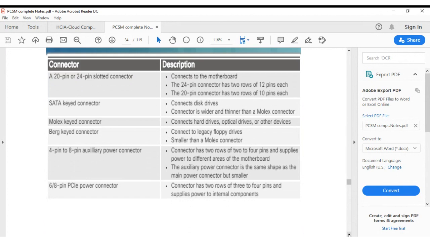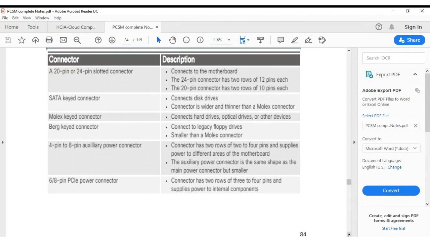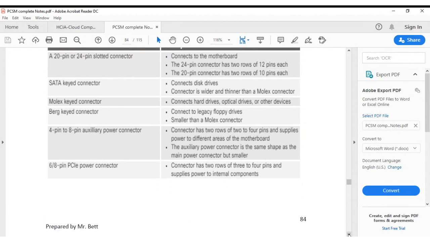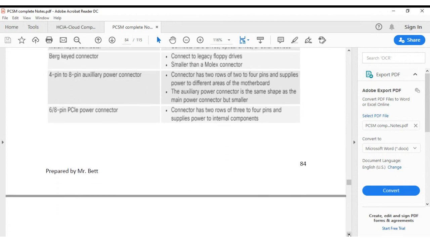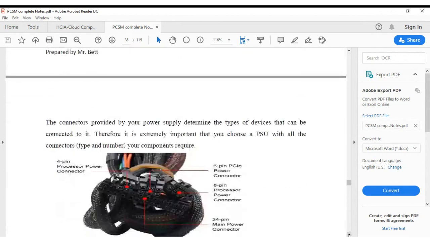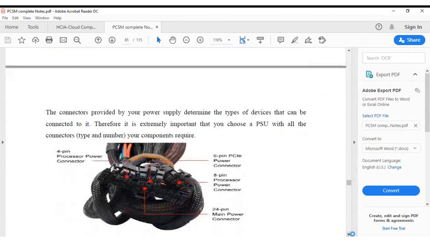The 6 to 8 pin PCIe power connector has 2 rows of 3 to 4 pins and supplies power to internal components. The connectors provided by your power supply determine the type of devices that can be connected to it. Therefore, it is extremely important that you choose a PSU with all the connectors you need.